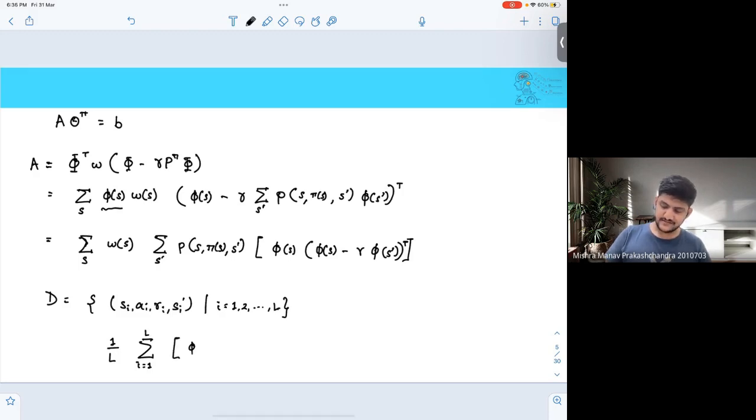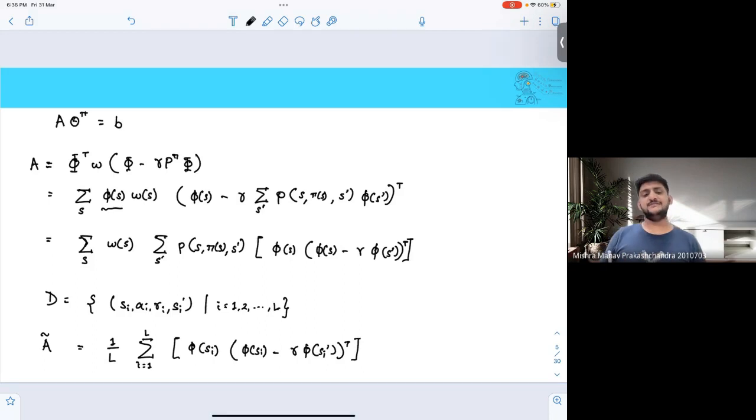This is phi of s_i times phi of s_i minus gamma times phi of s_i prime, the whole transpose. And this I'll call my A tilde.